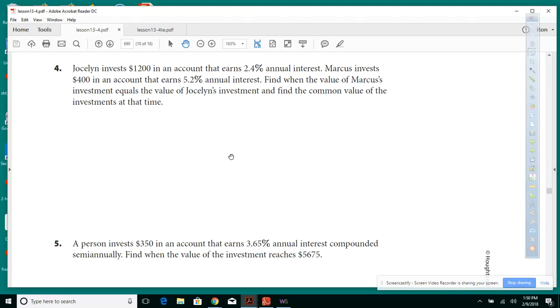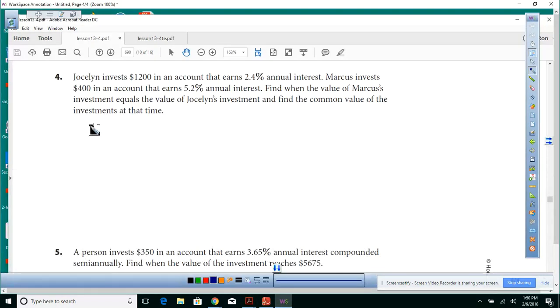Find when the value of Marcus's investment equals the value of Jocelyn's investment, and then find the common value.